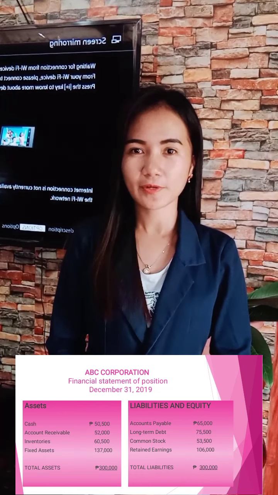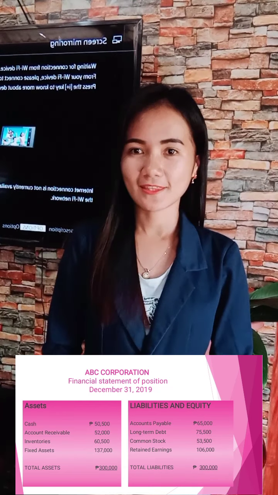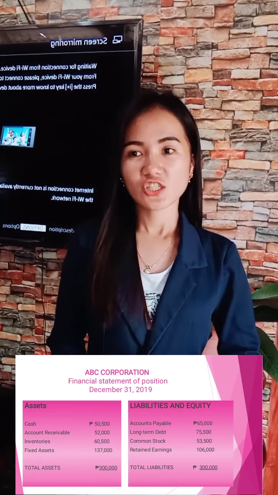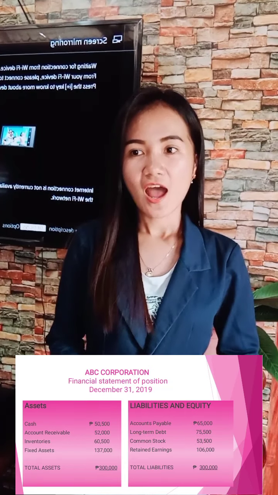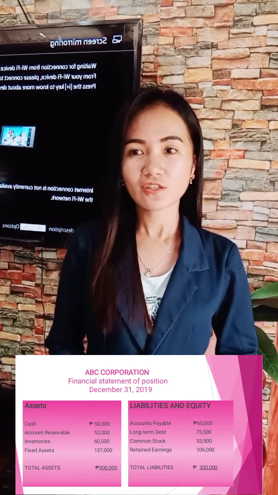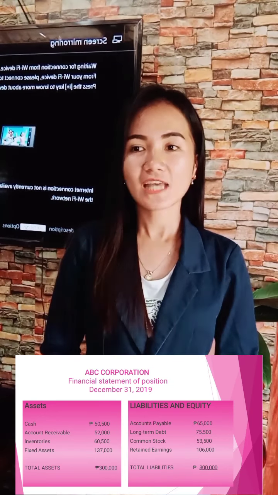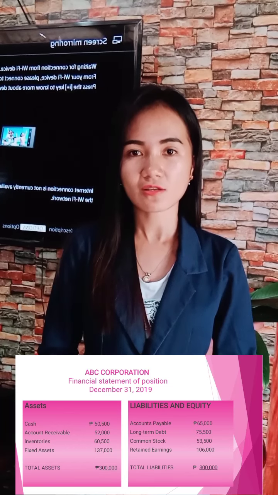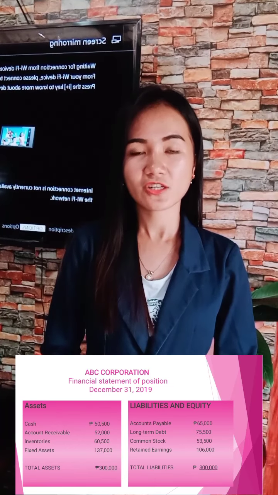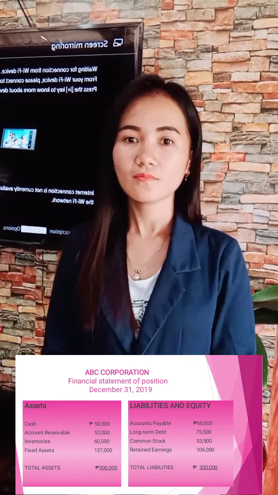ABC Corporation Financial Statement of Position on December 31, 2019. For assets, cash 50,500, account receivable 52,000, inventories 60,500, fixed assets 137,000, and the total assets is 300,000 pesos.